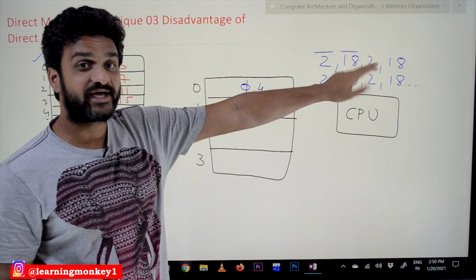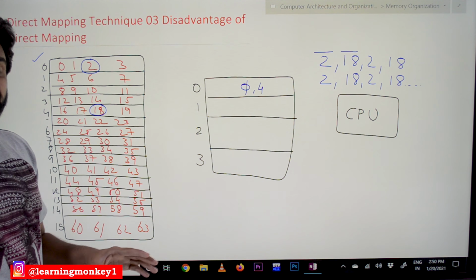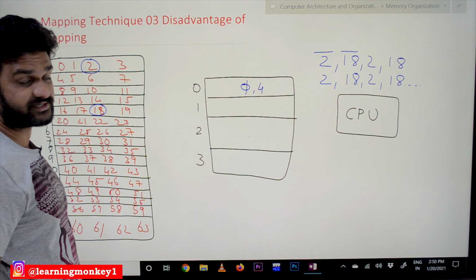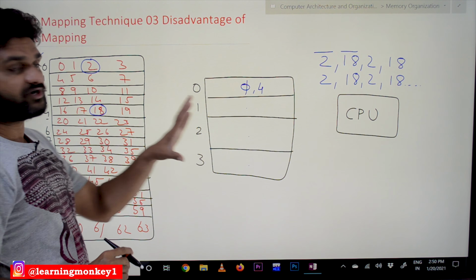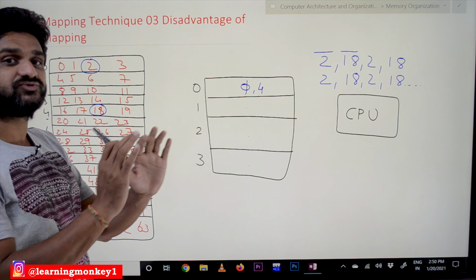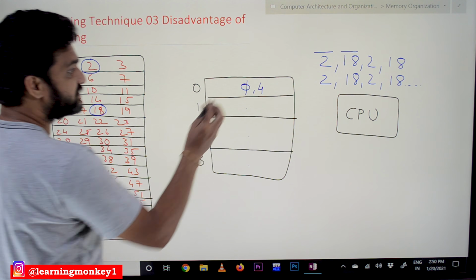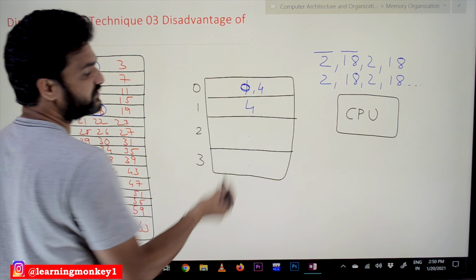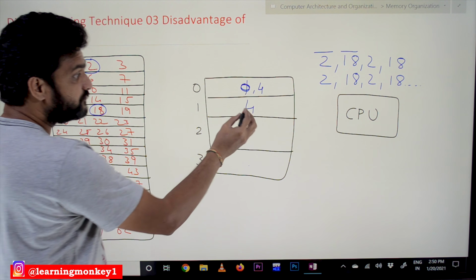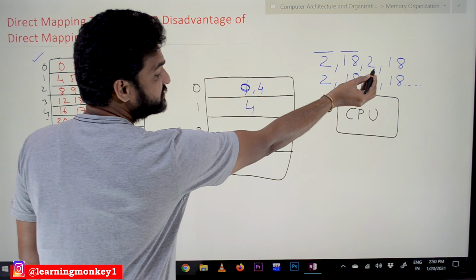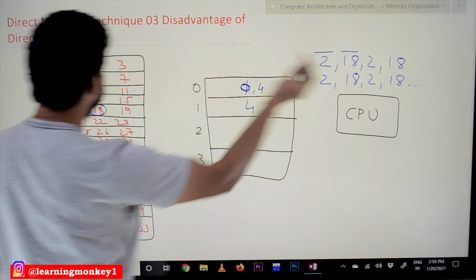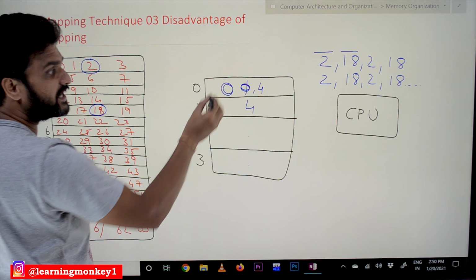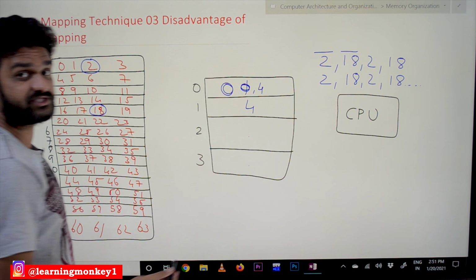Again 2. So the disadvantage we are going to get is this: even though we have many empty spaces, suppose it were not direct mapping and used some other mechanism. Let's assume the 0th block is there and the next request is transferred to the first line. Now the next request is for the second word, which is in the 0th block. The 0th block is already on the cache memory, so it will be transferred to the CPU.